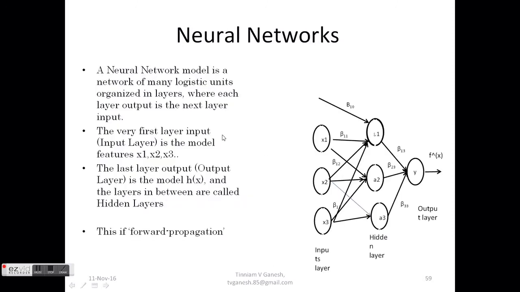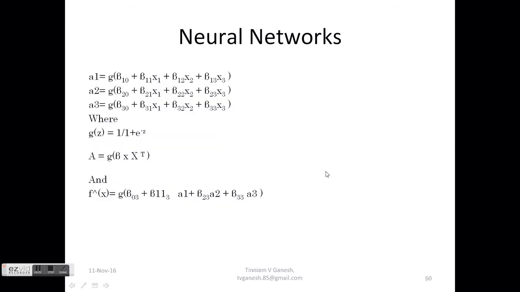Here A1 takes inputs x1, x2 and x3, and the weights are beta 1 1, beta 1 2 and beta 1 3. So a1 is the logistic function of beta 1 0 plus beta 1 1 x1 plus beta 1 2 x2 and beta 1 3 x3, and a2 is beta 2 0 plus beta 2 1 x1 plus beta 2 2 x2, and so on. Similarly, g of z is equal to 1 over 1 plus e to the power minus z.